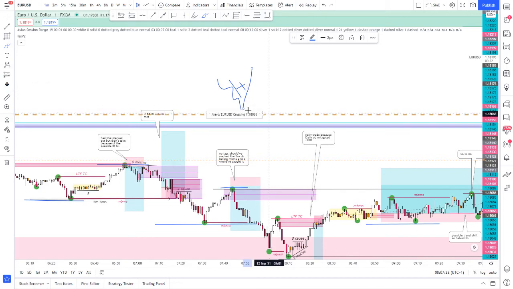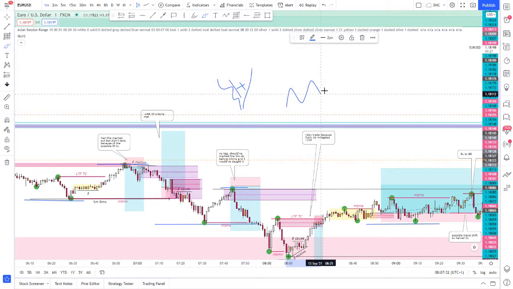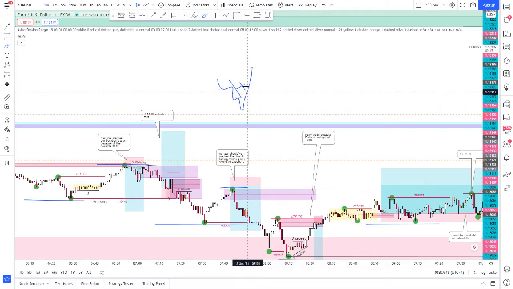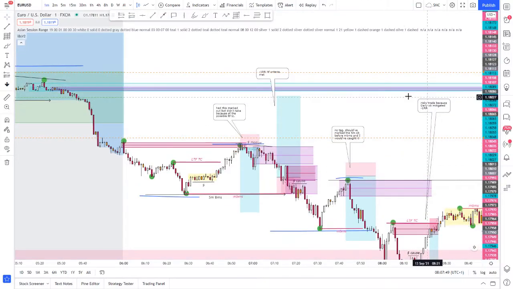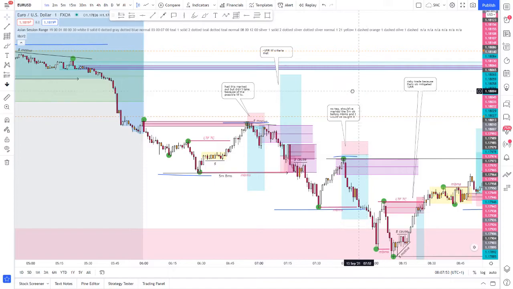We use these things to make entries, and price is trending. I'm going to enter these areas with a tight stop loss and 5 risk to reward, usually less than 3 pips. So that's essentially it, guys. This is just so you have more of an idea. You can read my notes as well if you want.